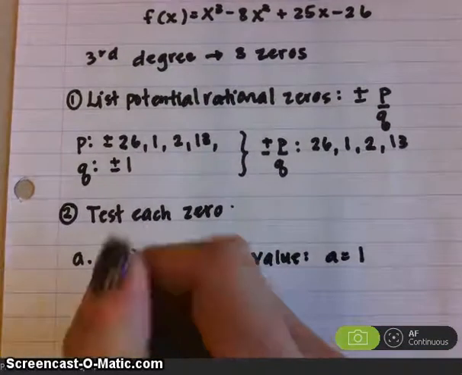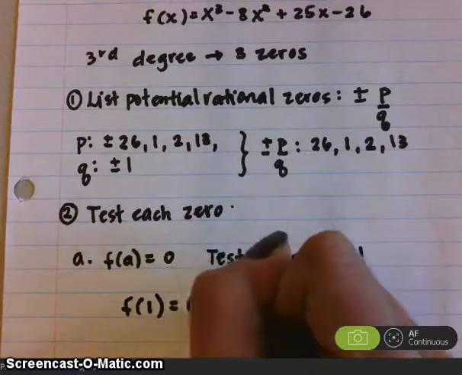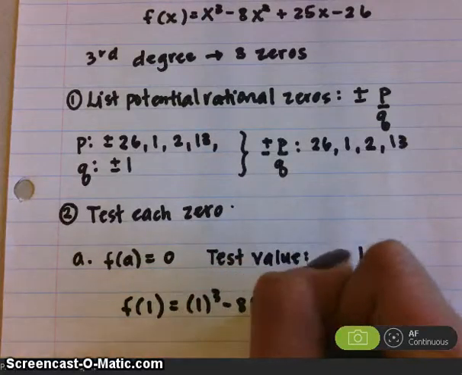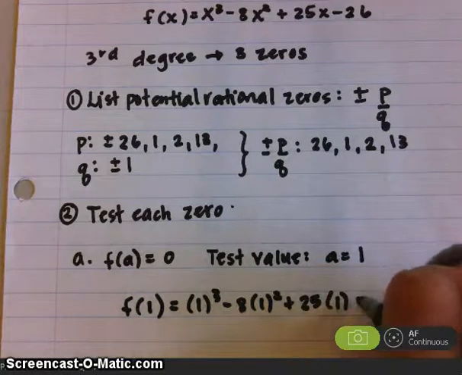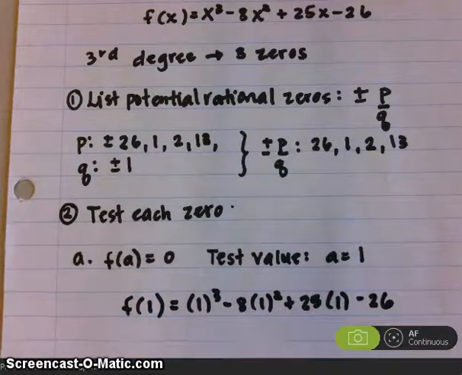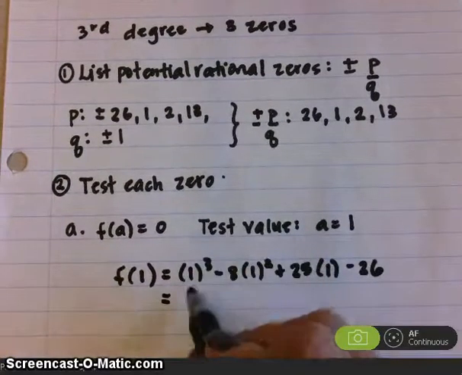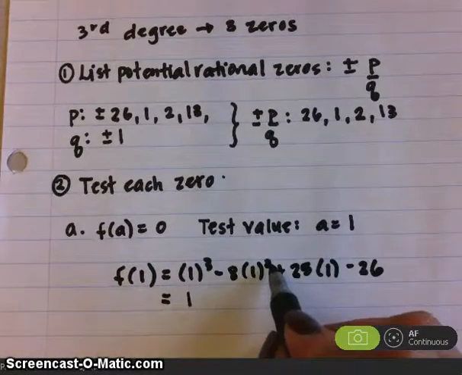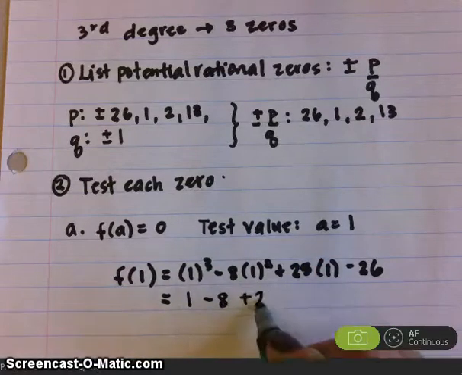So what I can do is take my original function, f of x, and plug 1 into that function. I chose 1 just because it's easy to plug in. With 26, the numbers get a little bit big. Okay, so plugging everything in, 1 cubed is 1, 1 squared is 1, then multiply that by 8, 25 times 1, and then minus 26.